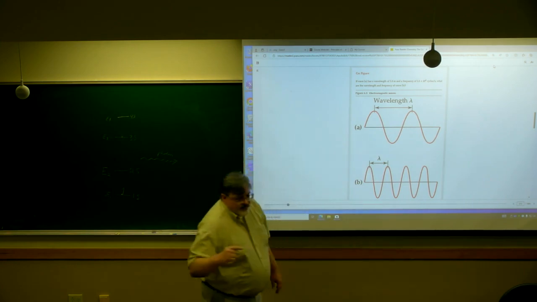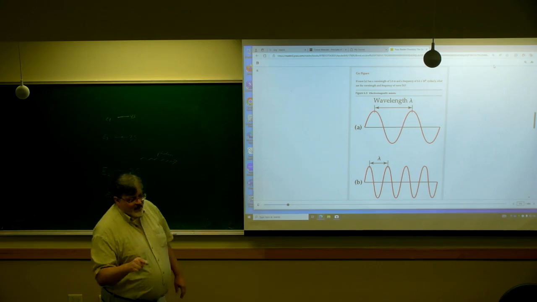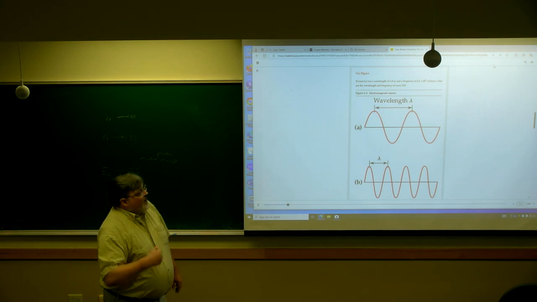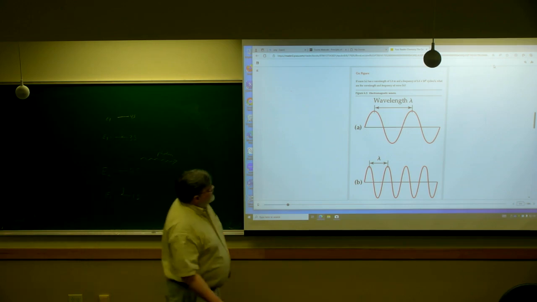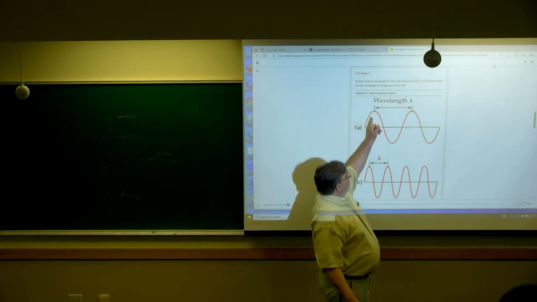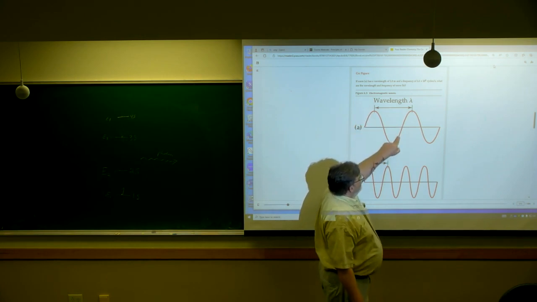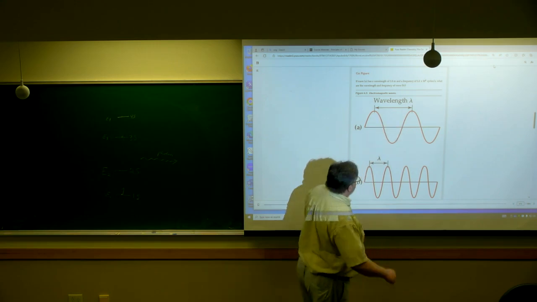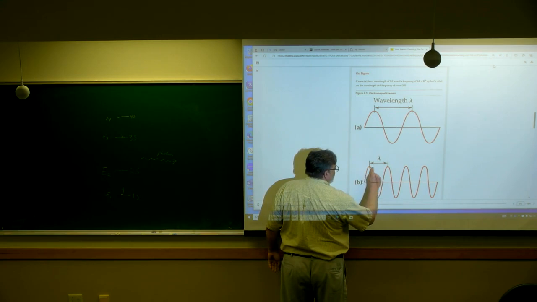And actually a photon, as it travels, has an electric and a magnetic component to it that's constantly waving. It can wave at different frequencies, but what this is showing you is what we would call a full cycle. Going from up here, going back down, back up, that's one full cycle. You can see down here, this indicates a full cycle to there. So it goes back to its original state. That's why we call it a cycle.